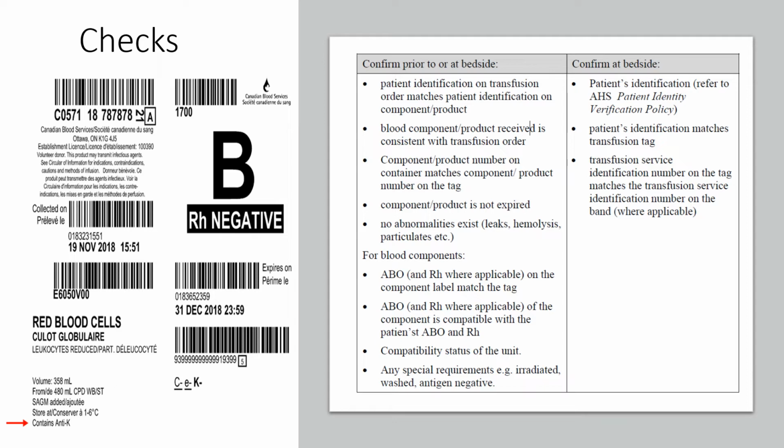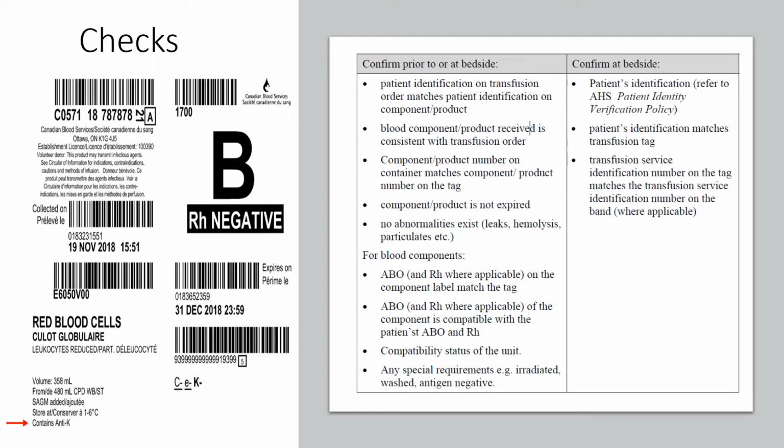It should match the TSN number on the transfusion bag if it's present, because sometimes TSN is not required for platelets or cryoprecipitates. However, if the TSN is present on the transfusion bag, then it must match the TSN band. The TSN match may not be available in unmatched units.